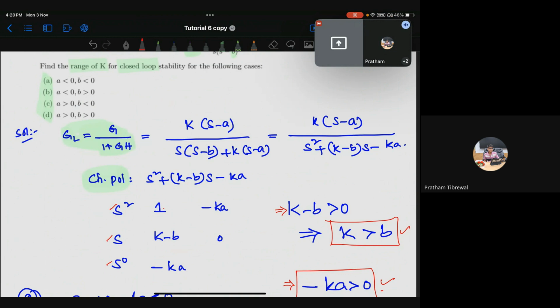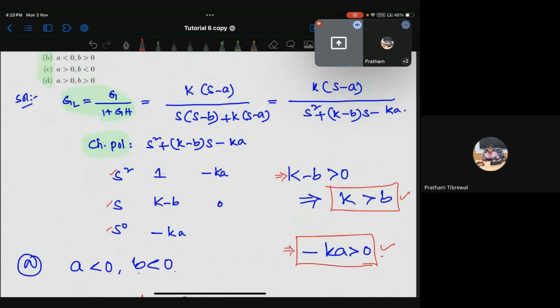So now let's say a is less than 0, b is less than 0. To satisfy these two conditions, what should be the value of k? If you take a less than 0, this term goes greater than 0 only for positive k.